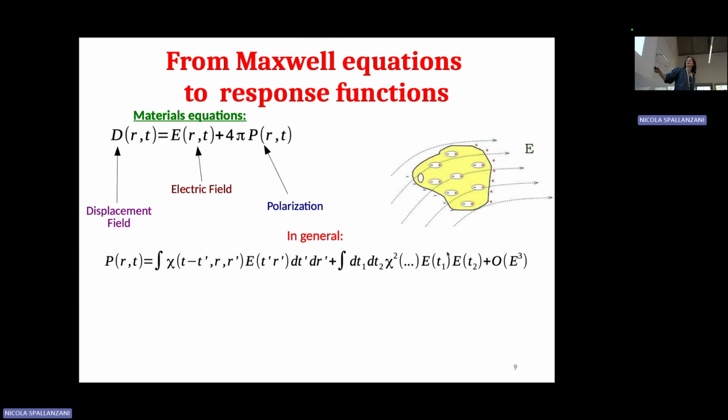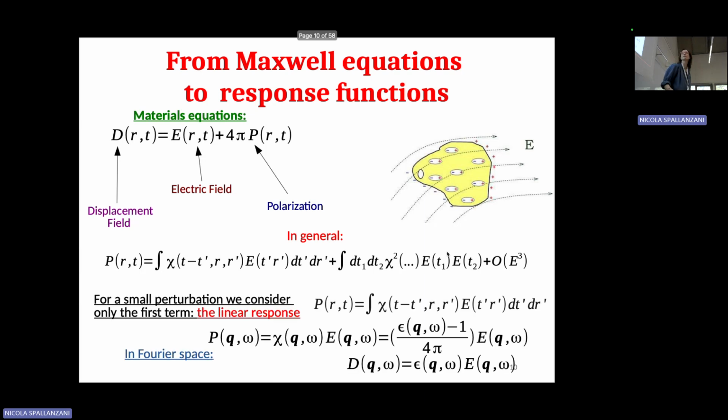In general, the polarization is a Taylor expansion in terms of powers of the electric field. If we truncate this expansion at the first order, we have the so-called linear response theory. And this quantity is called the response function of the material to the perturbation.